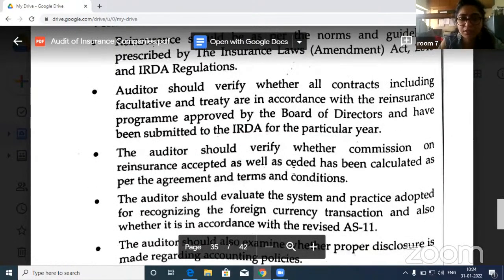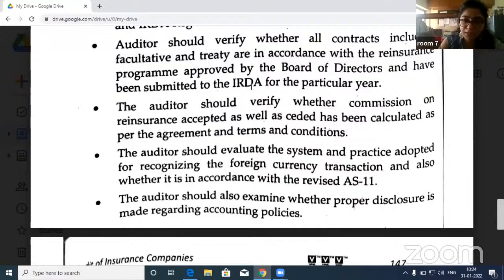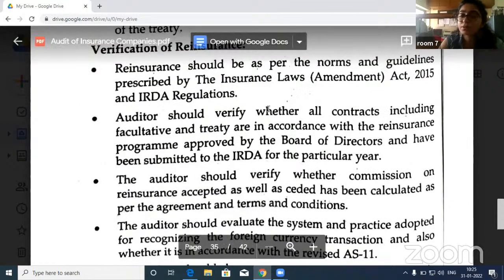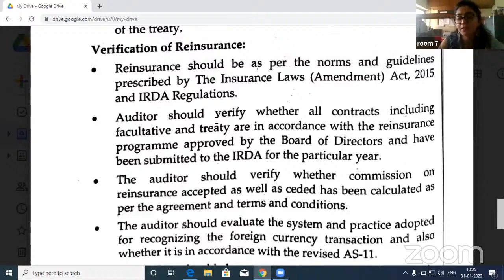You need to check whether all the amounts appropriately divided between the companies were paid off on time. What was the amount of reinsurance that was taken by the company, ceded or accepted by the company?